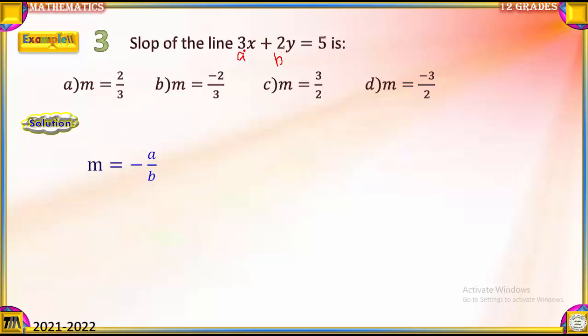Then it equals minus a over b, which is minus 3 over 2. We can see that the correct answer is D.